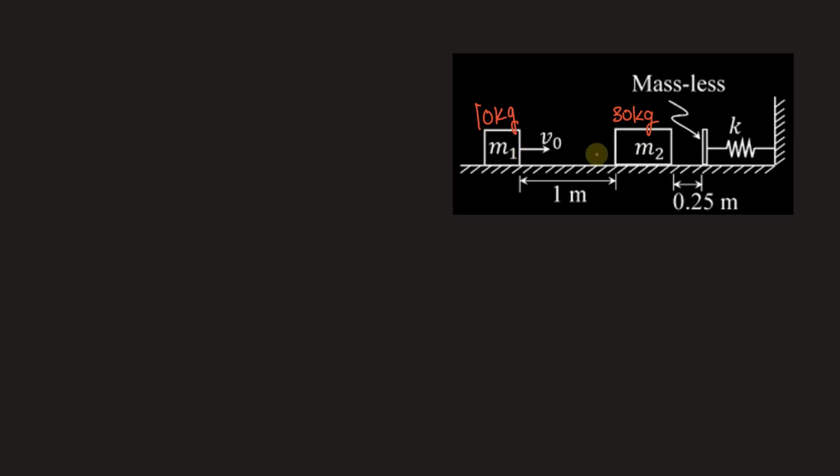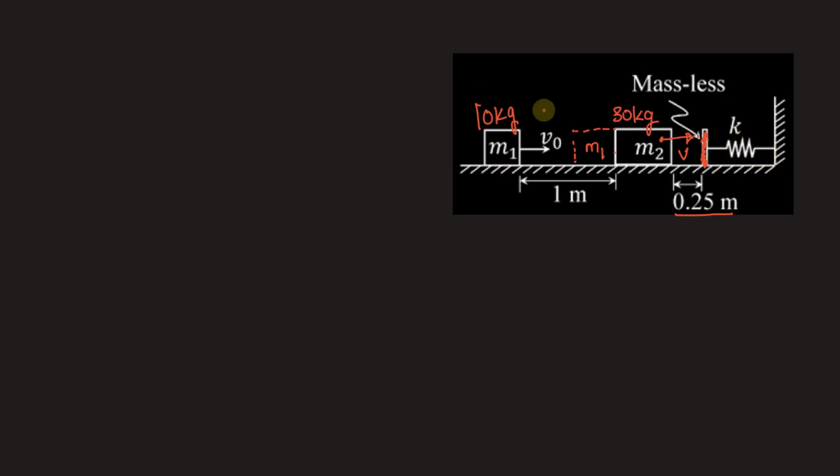When this mass M1 strikes M2, these two together travel with a new velocity, let's call that velocity V, for a distance of 0.25 meter and then hit this massless buffer. Of course, when they hit the buffer, the spring is going to get compressed because the buffer will move towards the left. This spring with a spring constant K will be compressed.